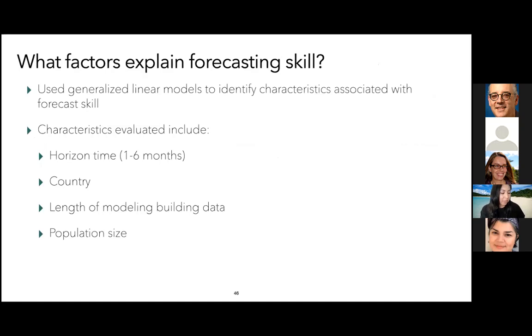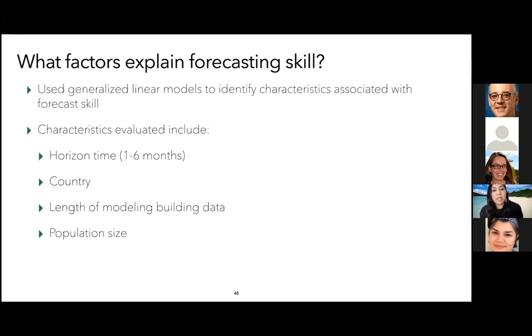And thinking about what some of the factors might be that explain this variation in forecasting skill, we wanted to look at generalized linear models to help us identify what some of these characteristics are that might be driving forecasting skill.